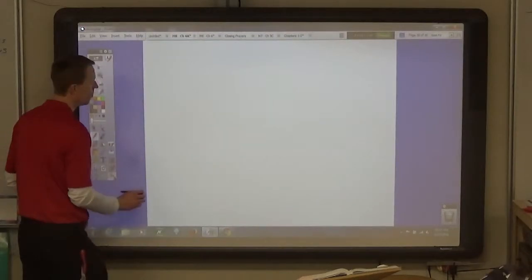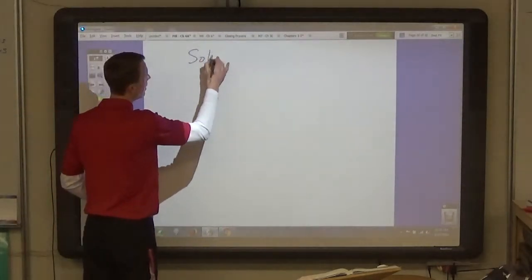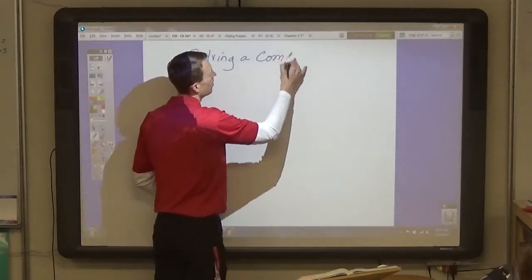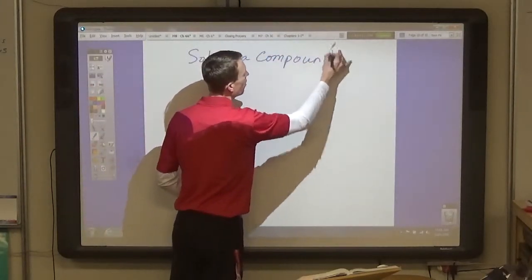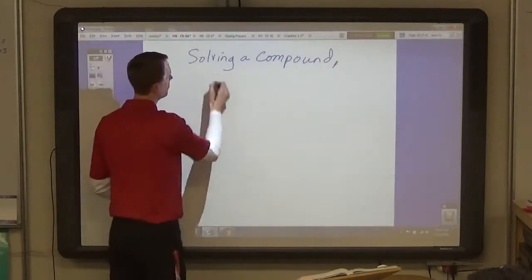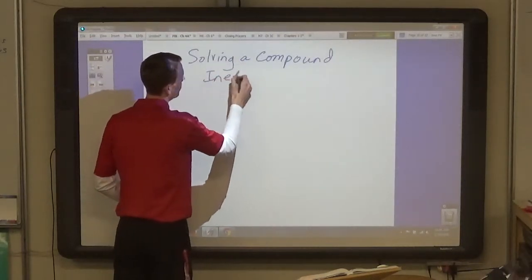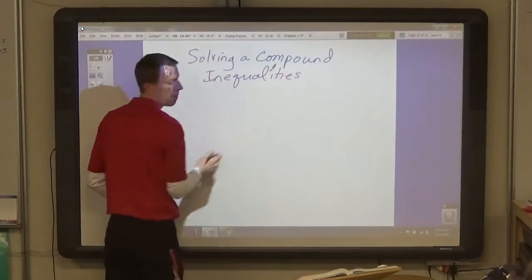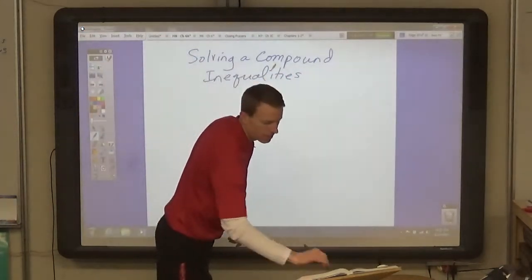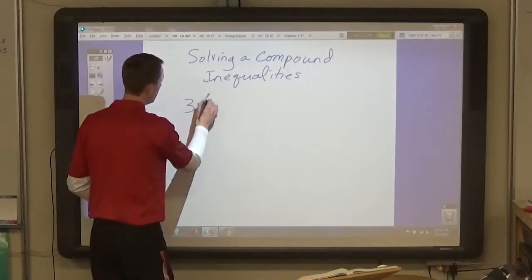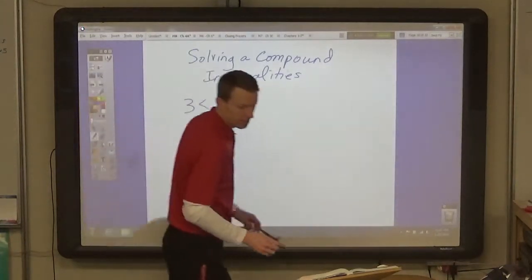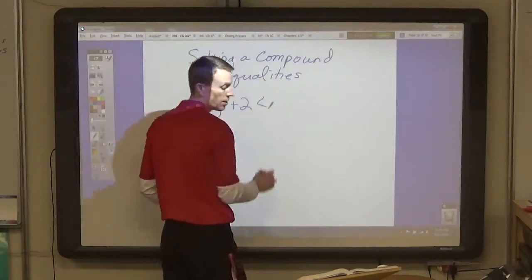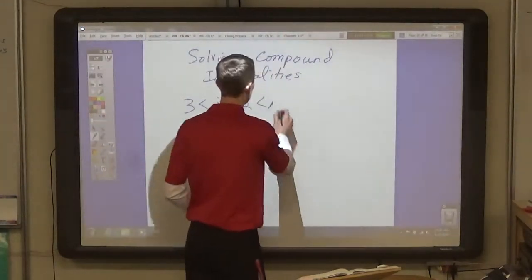When you're solving a compound inequality, you're going to solve each one separately. Let's look at this example. Number 5. 3 is less than j plus 2, which is less than 7.